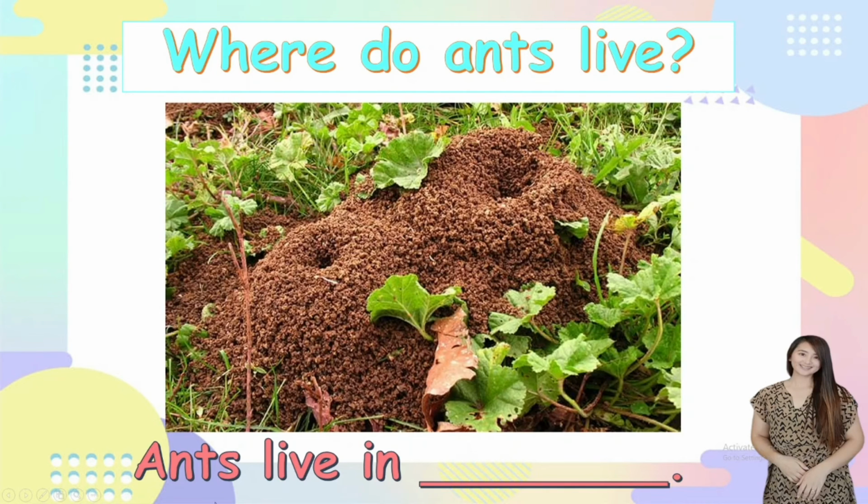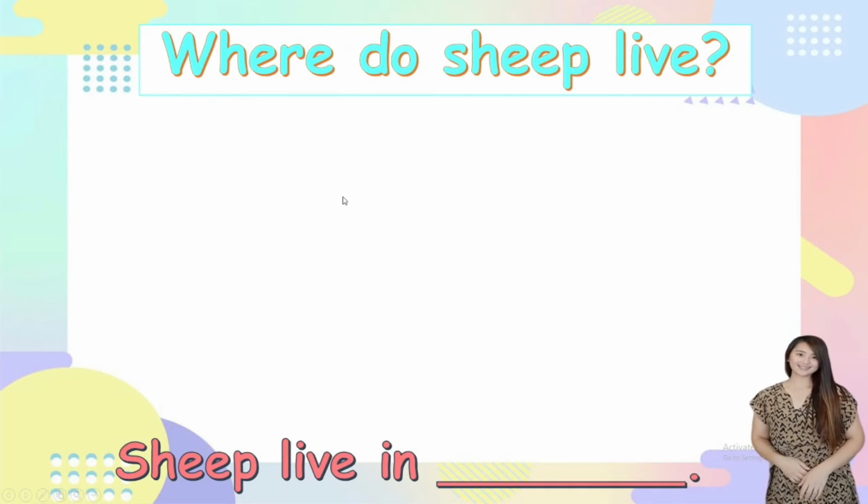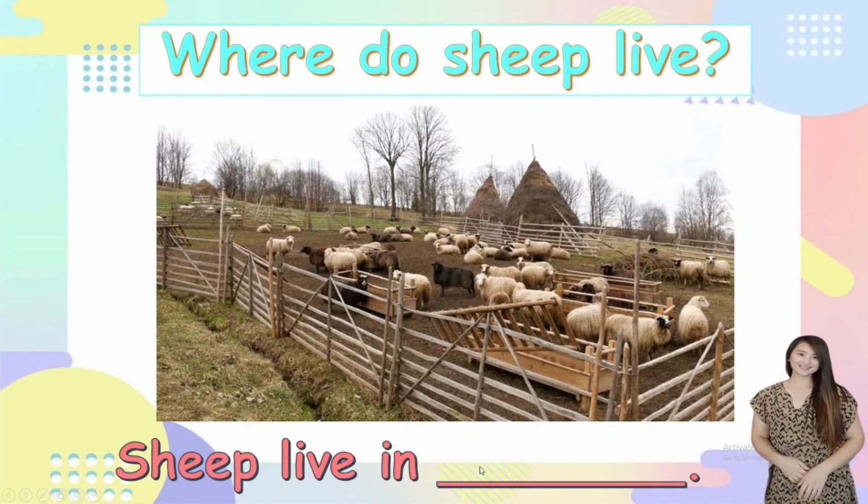Answer, ants live in an ant hill. This is an ant hill. And how about this one? Where do sheep live? Sheep live in, the answer is a sheep pen. Sheep live in a sheep pen.